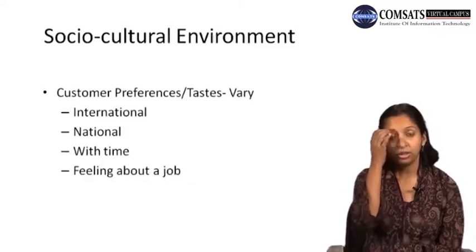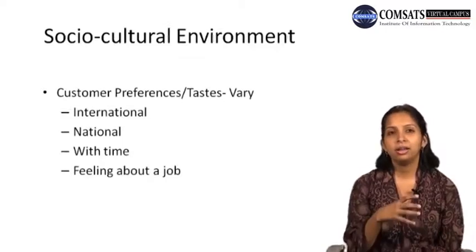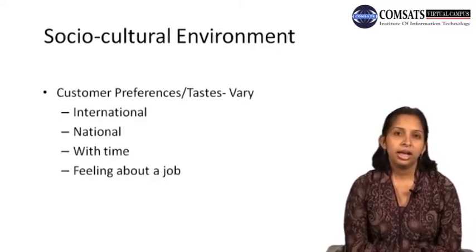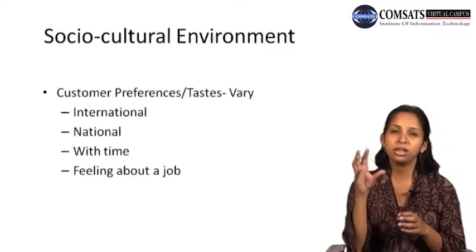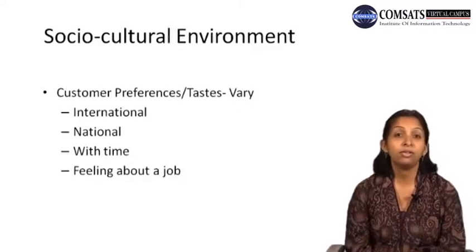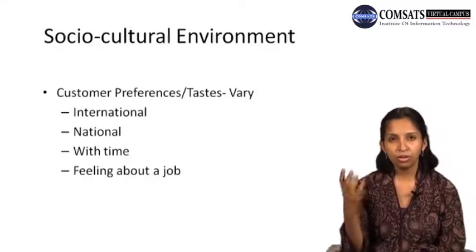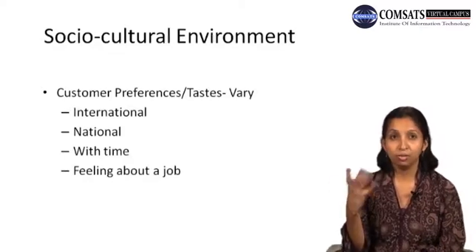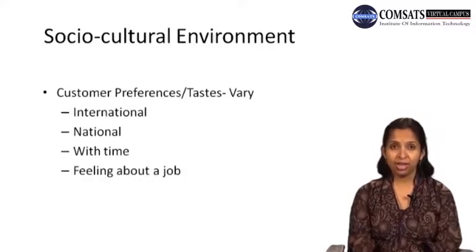Now, for example, let's take a fast food chain, right? Let's take McDonald's. If you eat McDonald's in Pakistan, and if you eat McDonald's, let's say in Europe or America, the taste is going to be very, very different. So why is that taste different? The Europeans, they do not like spicy food, या उनको spices या मिर्चें खाना इतना पसंद नहीं है.